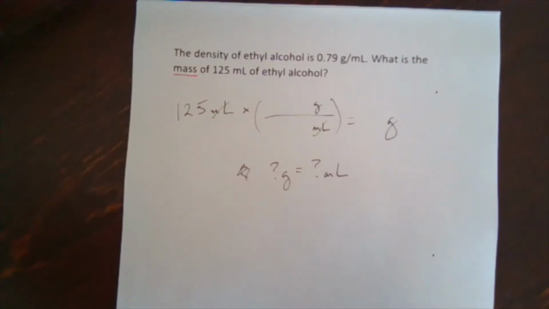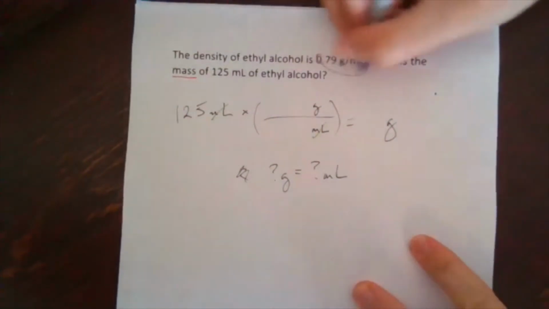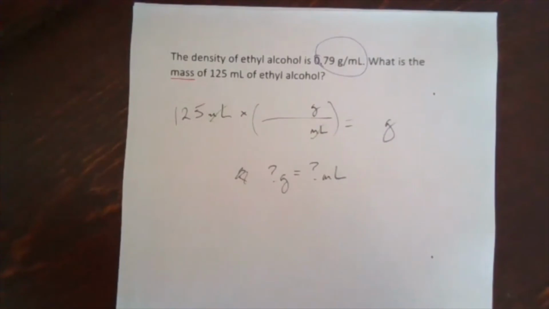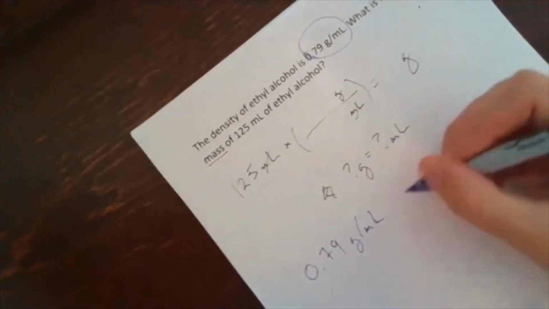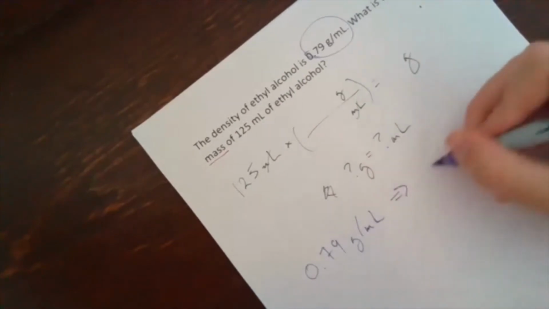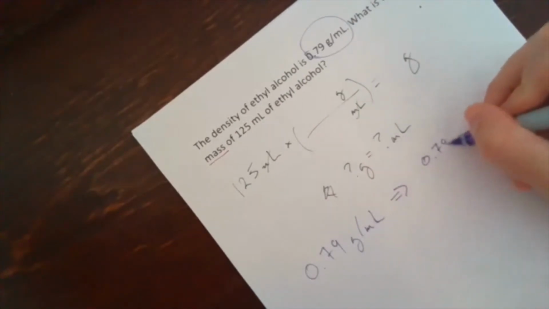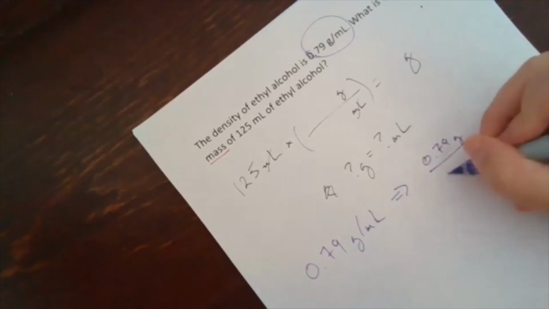But for ethyl alcohol, our relationship is right here. So when we see this written out, that we have 0.79 grams per milliliter means that it is 0.79 grams per 1 milliliter.